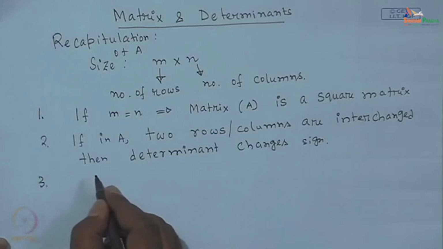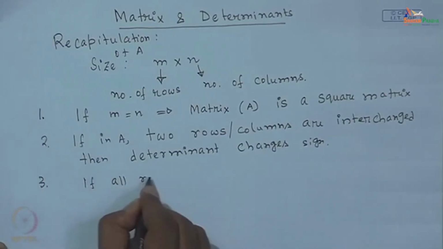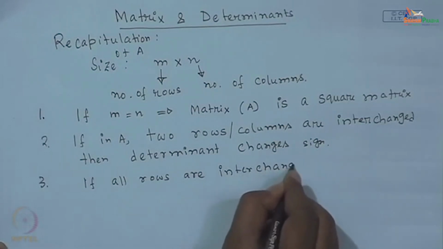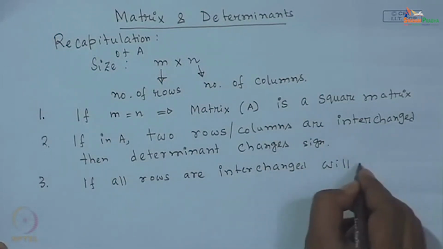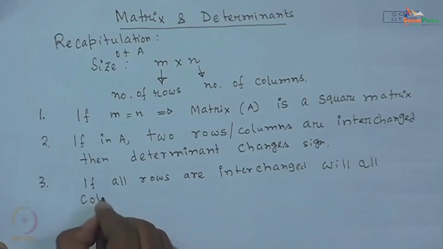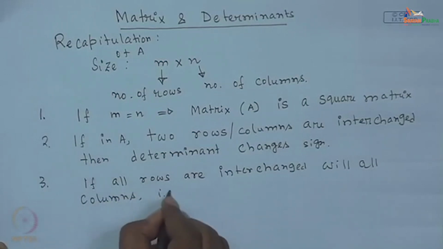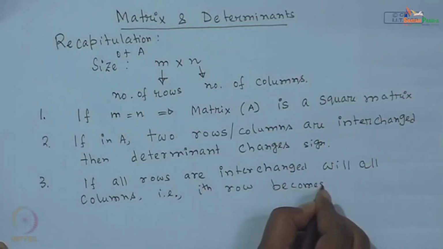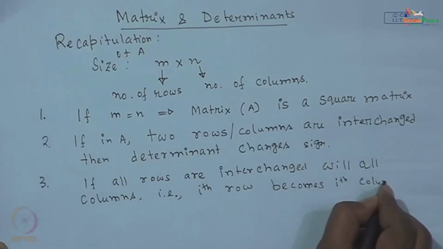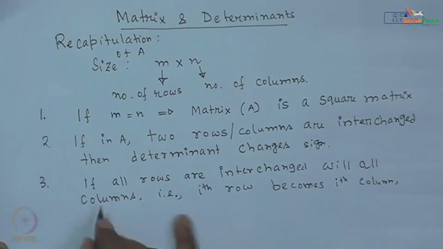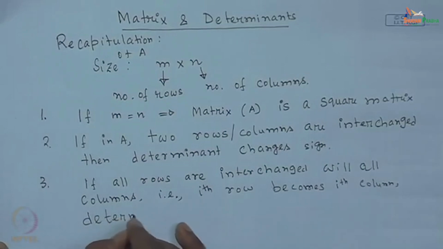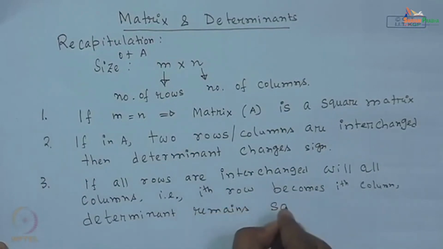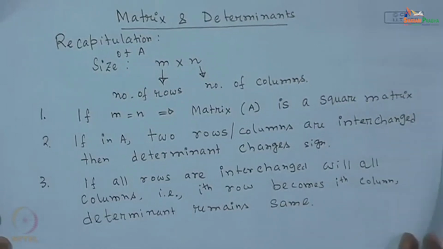The next property is that if all rows are interchanged with all columns, that is the ith row becomes the ith column, the determinant remains the same. Okay. So, these are some of the properties.